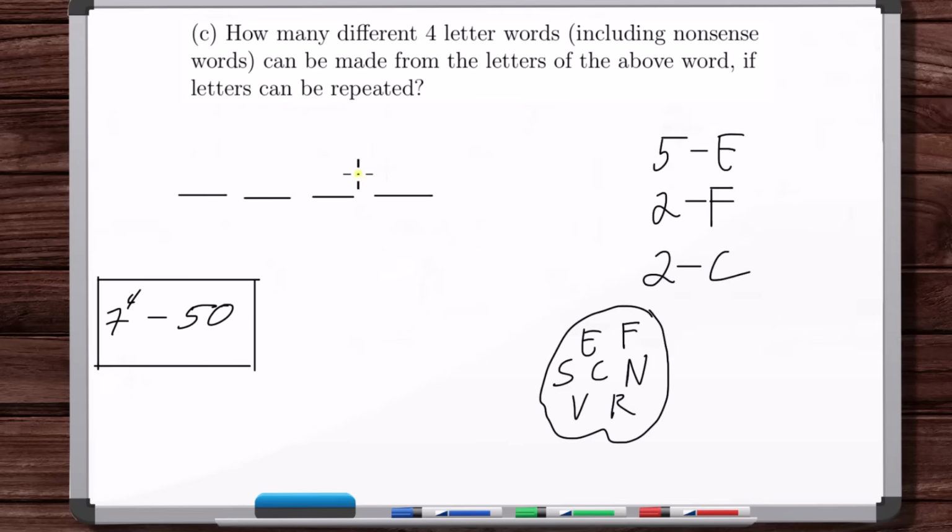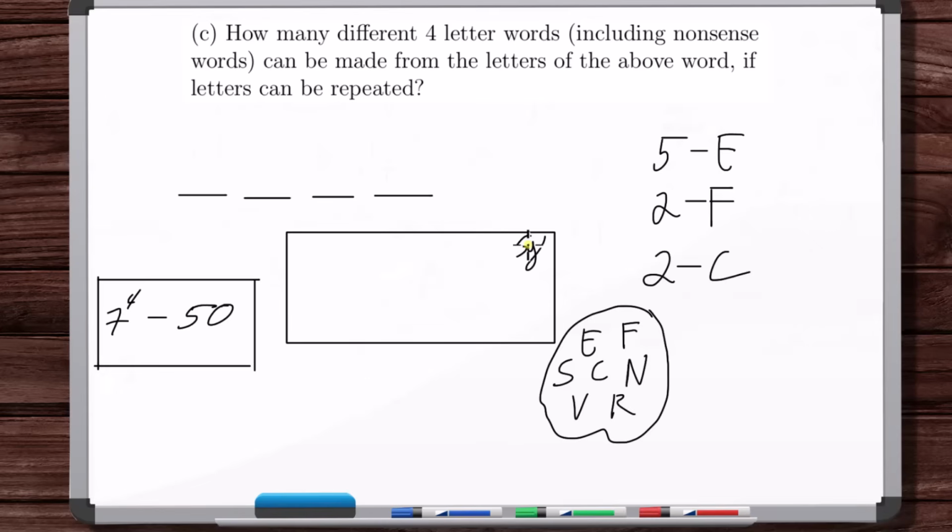However, what we were subtracting out is the cases where we had 3 or more F's or 3 or more C's, right? That's what 7 to the 4th was also counting. So if we do the Venn diagram in that case, okay, so here's the entire system.